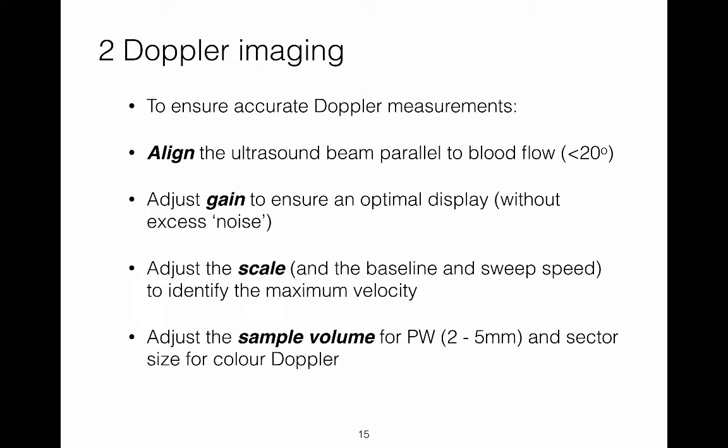Accurate Doppler measurements are made by ensuring that, first and most importantly, the ultrasound beam is aligned as near to parallel to the blood flow as possible.